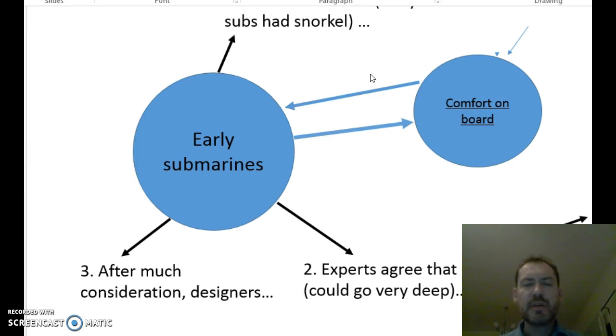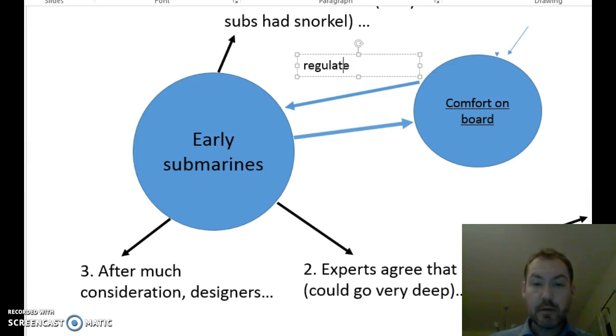Okay, and what does that mean? Well, the one thing the designers did is they came up with a machine that could regulate the oxygen and the carbon dioxide. So we could mention that machine again. But this time we could say that the machine doesn't just regulate oxygen and carbon dioxide, but it also, in modern day submarines, it can also regulate temperature as well.